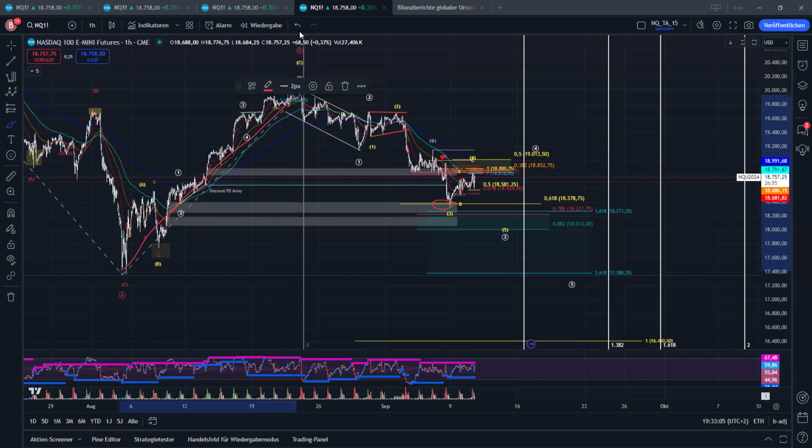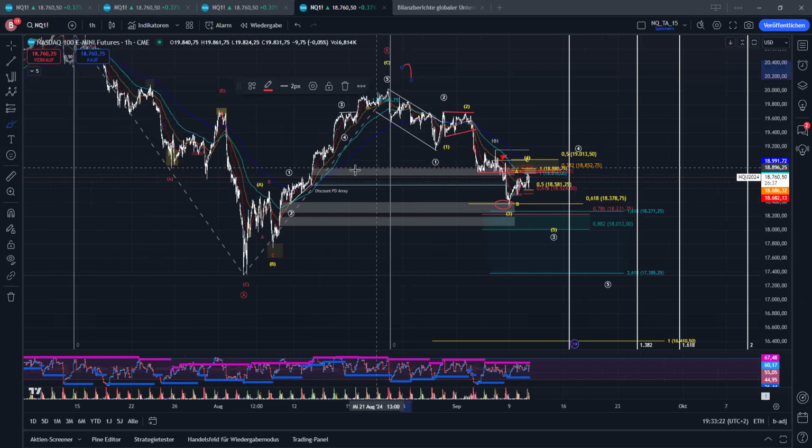And to be honest, this move here is no impulse for me. It would rather be an ABC for wave A in a diagonal pattern. So that would be the only possibility for me as a trader to count this move up as the first move up, the first diagonal up. So that would be my wave one.